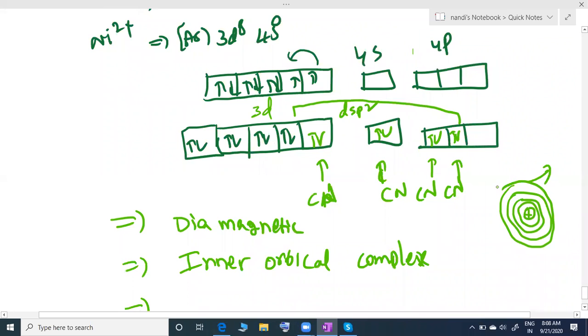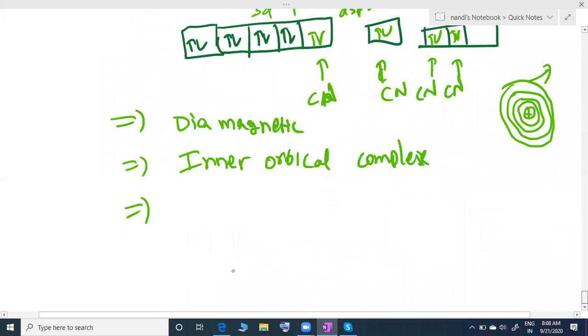One more example is there. We'll discuss it, then I will show again one more time. Ni(CO)4, we already discussed at the start of the class. Here the nickel oxidation state is 0, because in metal carbonyls the metal oxidation state is 0. Clear?